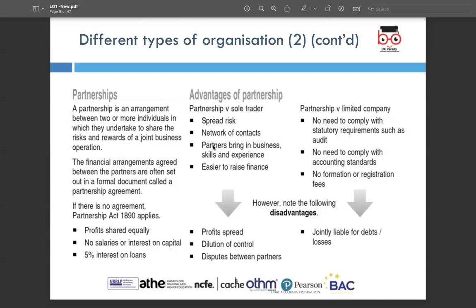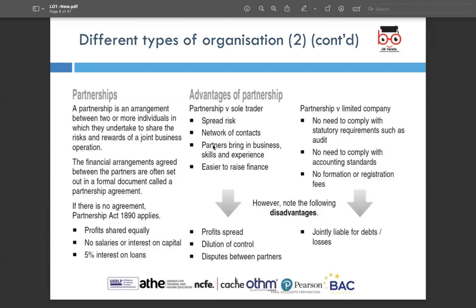Partnership offers several advantages compared to single ownership like sole traders and limited companies. They allow partners to spread risk by sharing financial obligations and responsibilities. Partners also benefit from a broader network of contacts, which can facilitate business opportunities and growth.